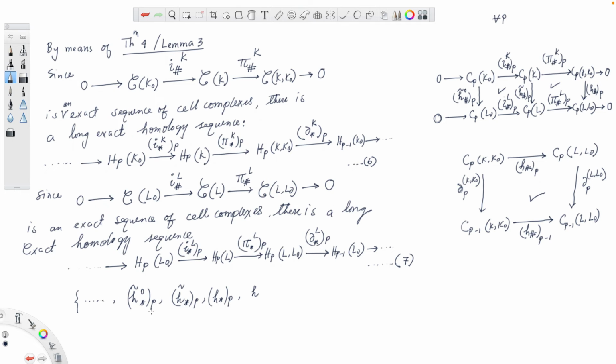Then back to again here, H tilde 0 star at P minus 1, and goes on like this on the right as well. Okay, so let me write down these two long exact homology sequences talking to each other by means of this family of homomorphisms.